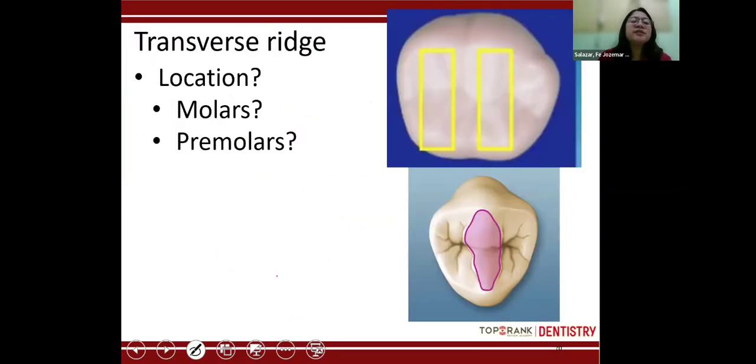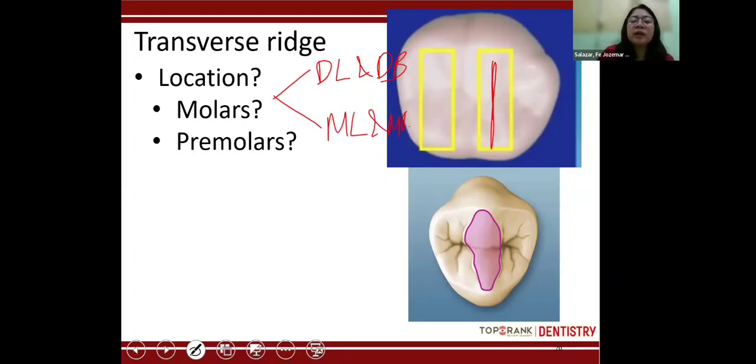Okay? So a transverse ridge could be found on molars and premolars. So on molars between, okay, distolingual and distobuccal cusp. Yan. Okay, and between your mesiolingual and mesiobuccal cusp. Yan. Okay, and on premolars between your buccal and your lingual cusp.